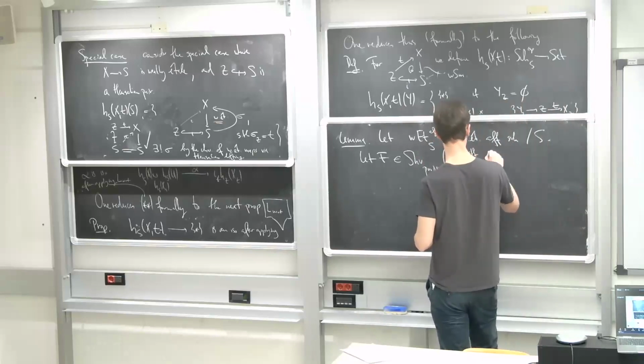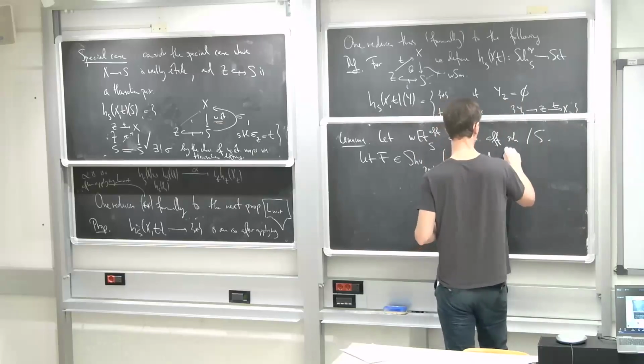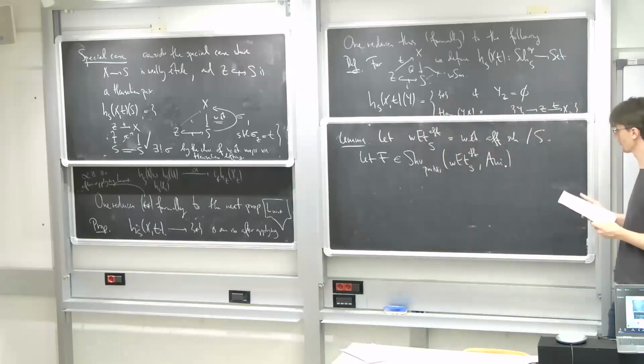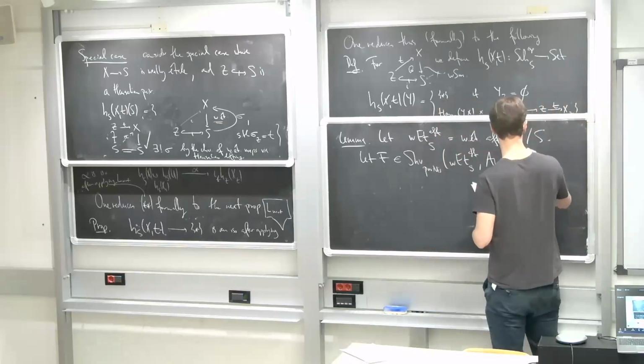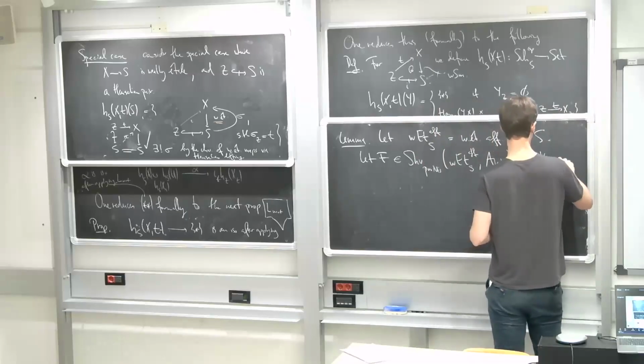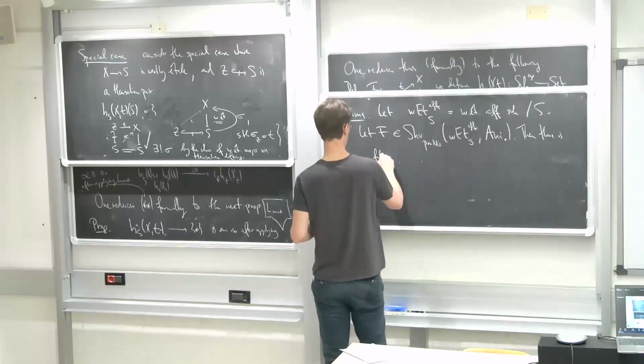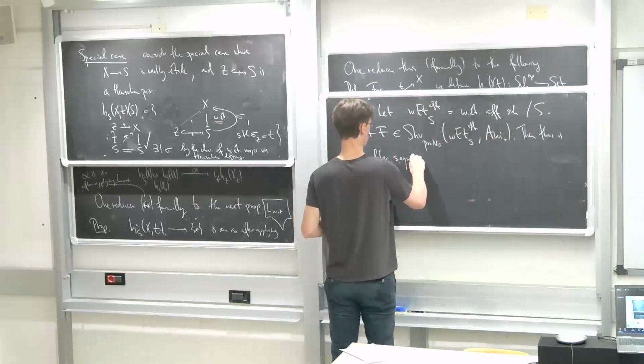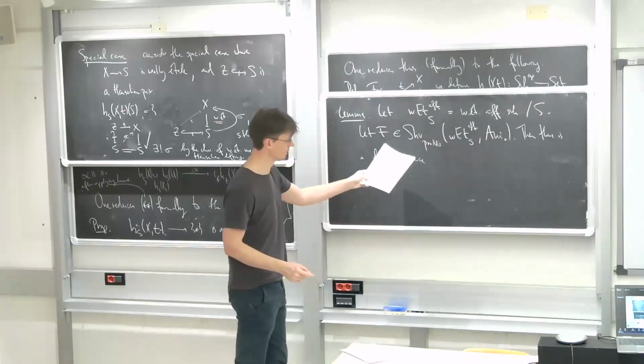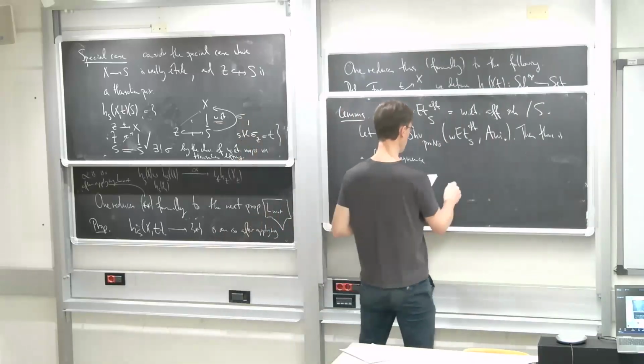So let's take a sheaf of pointed anima, and then there is a fiber sequence as follows, which is very close to the localization theorem that I erased.